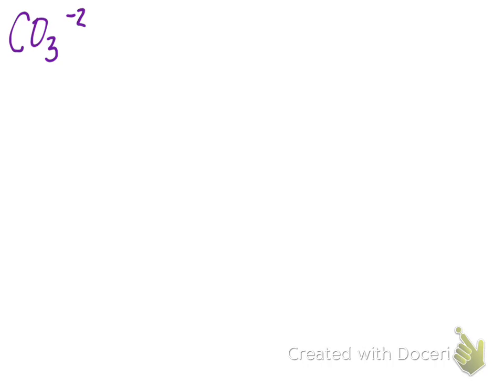So we'll draw our Lewis structure just like normal. Okay, carbon gives 4 valence electrons. Each oxygen gives us 6, so that's 18. And then what do we do with this negative 2? We add 2, which means we need a total of 24 electrons.